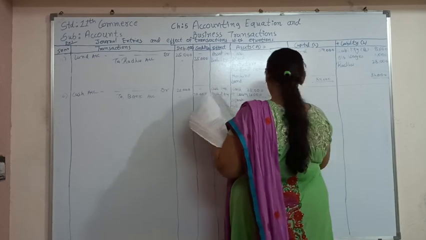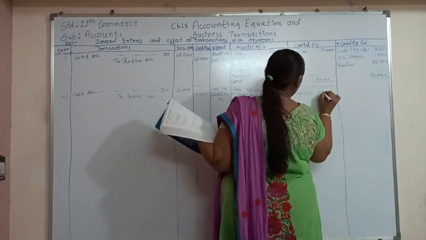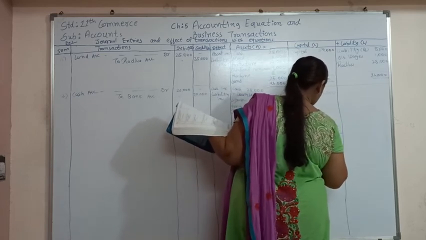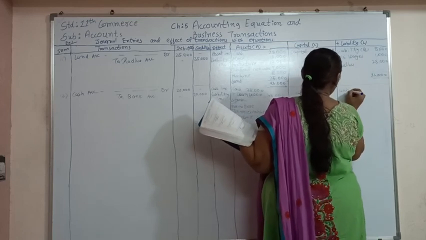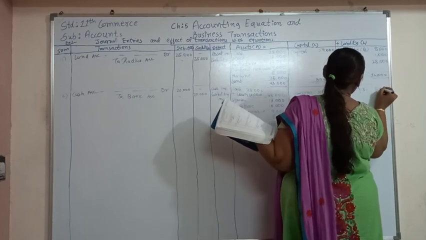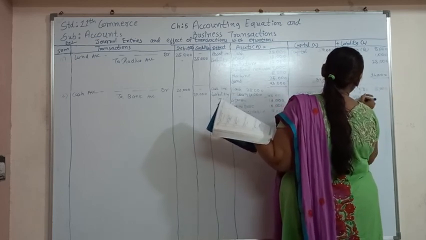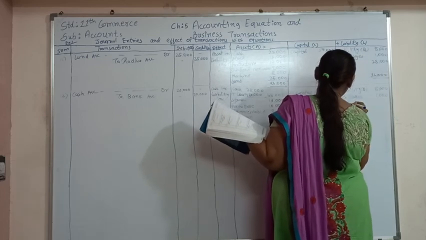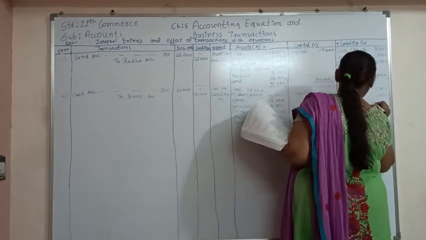And here capital will be 59,000. So here it is capital. And now let's see liability of B. That will be 8,000. Then outstanding wages, that will be 1,000. Then Radha's liability, that is 25,000.